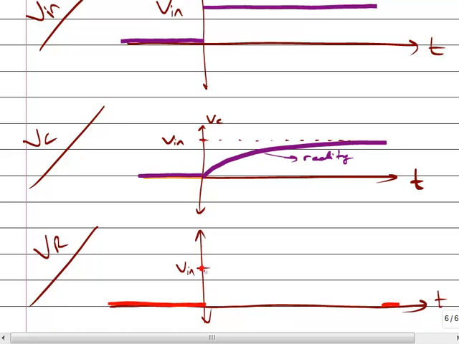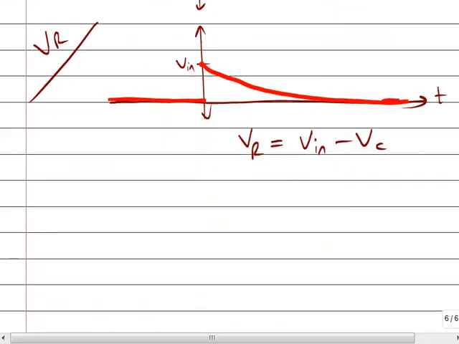So it will start from V in and go to 0. Because this shape is exponential, as you see, this value minus this value I have to draw. So it will be something like that. When t approaches infinity, the voltage of the resistor should be 0. Okay, good.